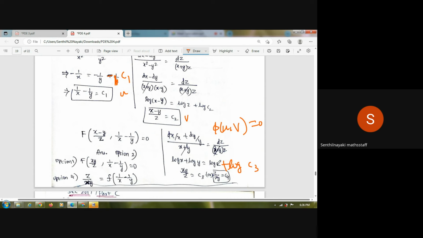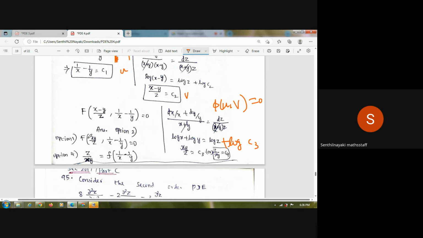If you take this log z to the left hand side, we have log of xy by z. After taking the exponential, we have xy by z equal to C3. Either we can say that xy by z equal to C3 or z by xy equal to C4. There is no problem because 1 by C3 can be written as C4.